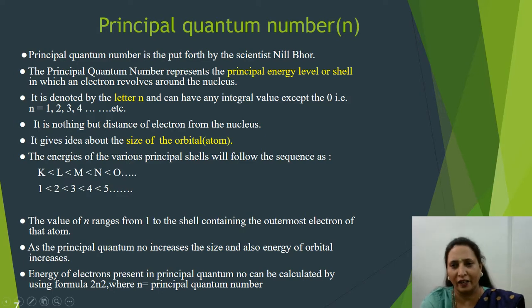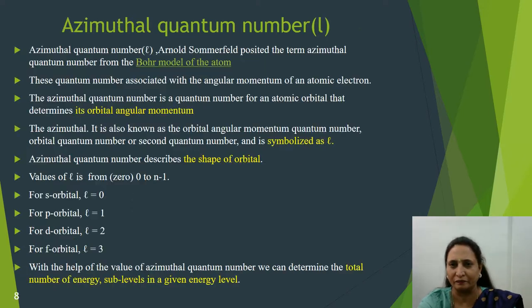The value of n ranges from 1 to the shell containing the outermost electron of the atom. As the principal quantum number increases, the size goes on increasing and the energy of that orbital also goes on increasing. The number of electrons in a principal shell can be calculated by using the formula 2n square, where n is the principal quantum number.